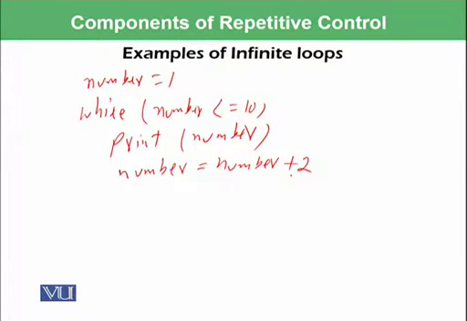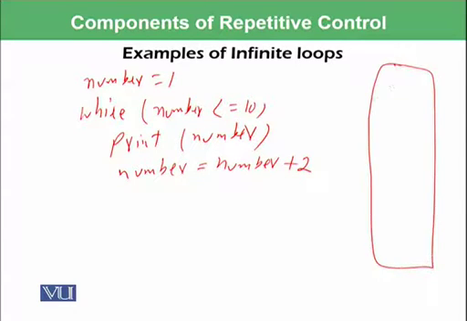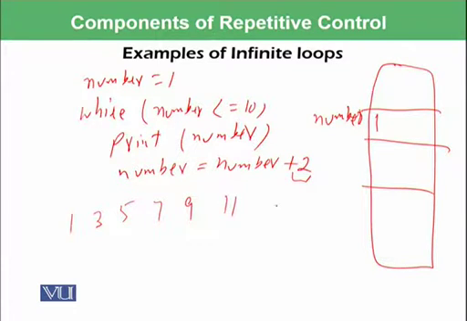So let's see what will happen now. We have a RAM, and here is a location called number, and this number has initially the value of 1, and that is going to be incremented by 2. So next time it will become 3, then 5, 7, 9, 11, 13, and so on. When it becomes 11, 11 is greater than 10, so the condition will be false and this loop will be terminated.